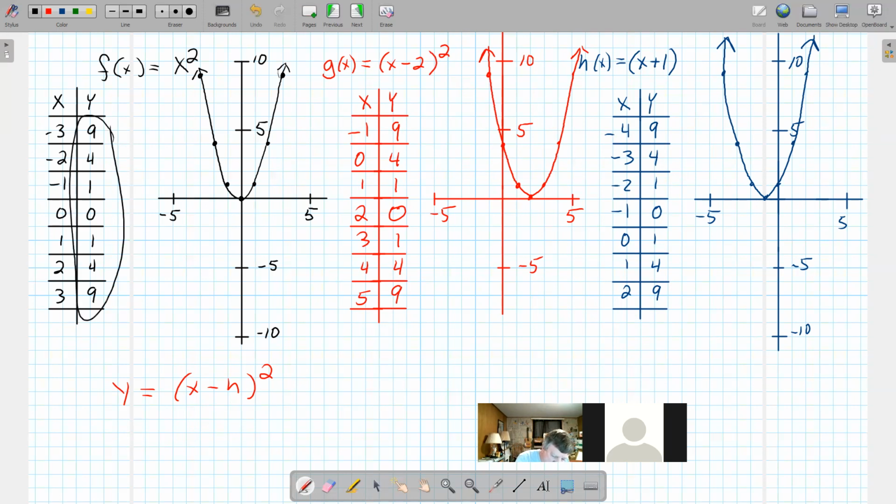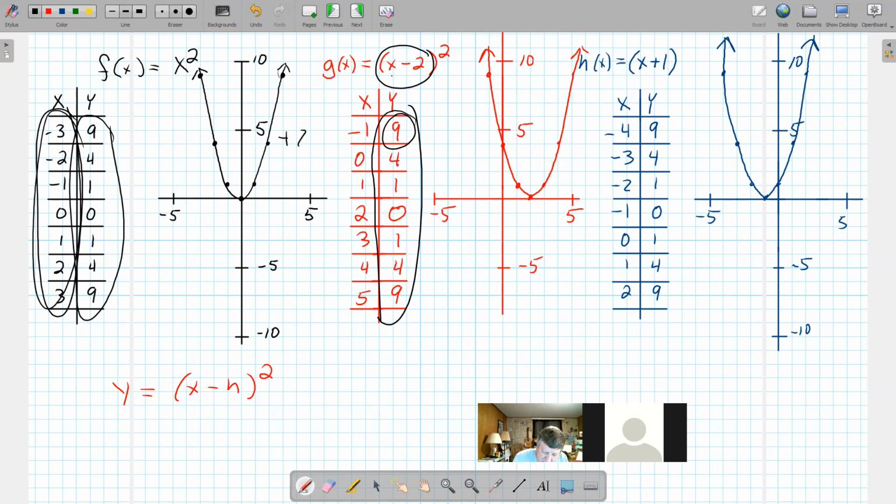So I want my y values to match my original equation. But to do that, since it's x minus 2, and then you square it, to get the same y value, since once I put x in, I'm going to subtract 2, I need x to be 2 larger than these values. So if I take these values plus 2, I get those values.